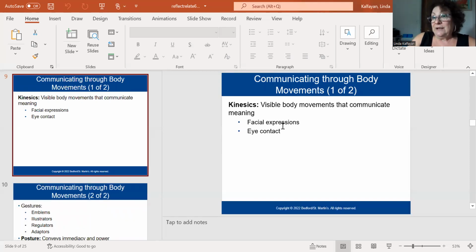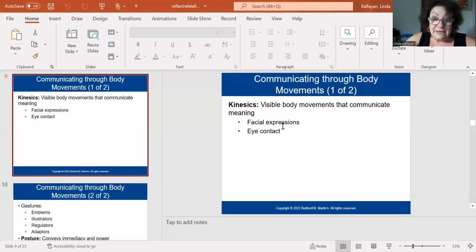So again, in a video like this, kinesics, you have just my facial expressions and eye contact. Maybe my hands get in there. If I were standing, then you have a waist height and more posture and more visible body movements than just facial and eye contact. So a job interview, mostly facial and eye contact.